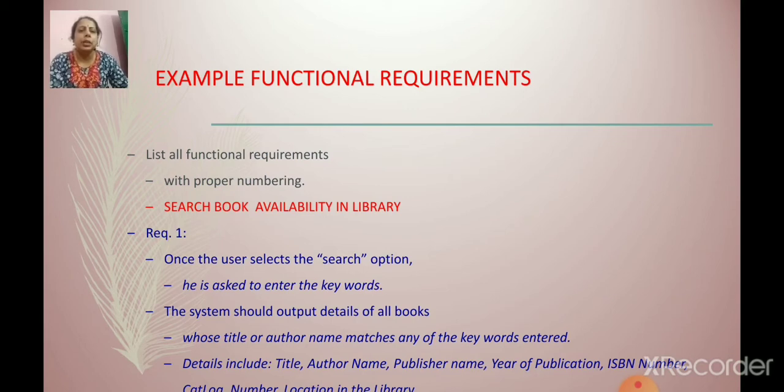After the user enters the book name or the author name, the system provides the list of books whose title or author is the same and displays the details. The details include title, author name, publisher name, year of publication and ISBN number.